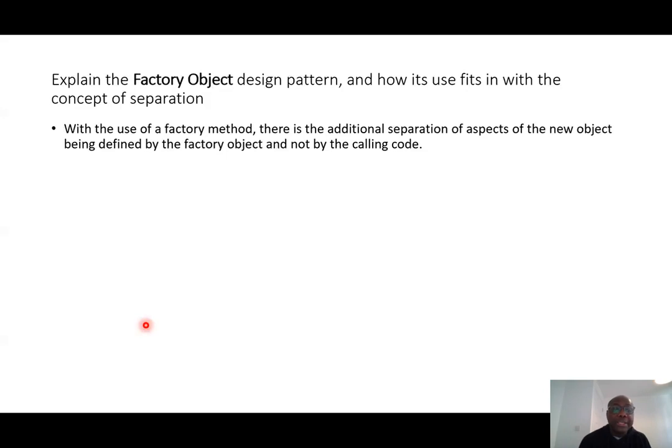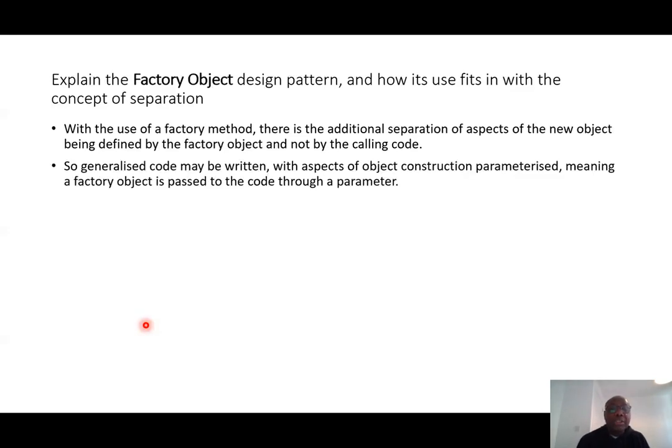So by this, it means that you can use a factory method and have an additional separation of aspects of the new object defined by the factory object and not by the calling code.